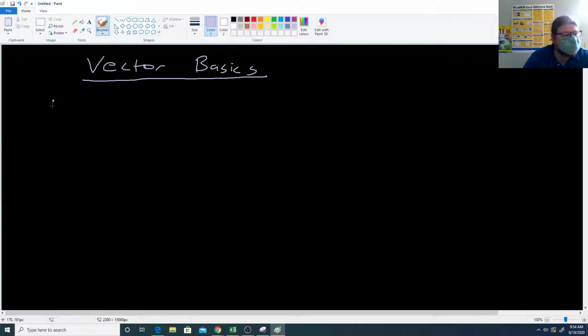So for representation, remember we said that a vector was a magnitude with a direction. And there's a couple ways we can denote this. One way, if this is our x-axis and this is our y-axis, we could start our vector here at the origin.